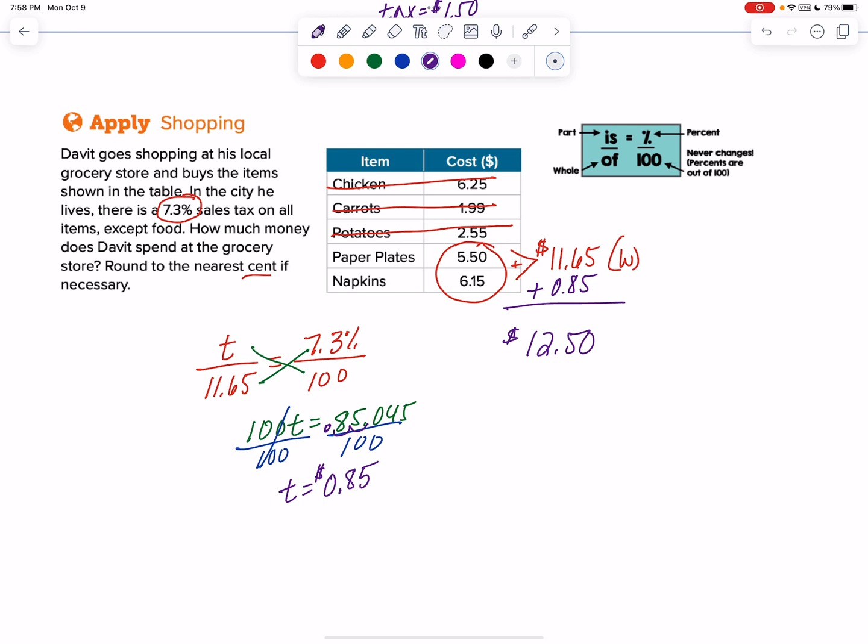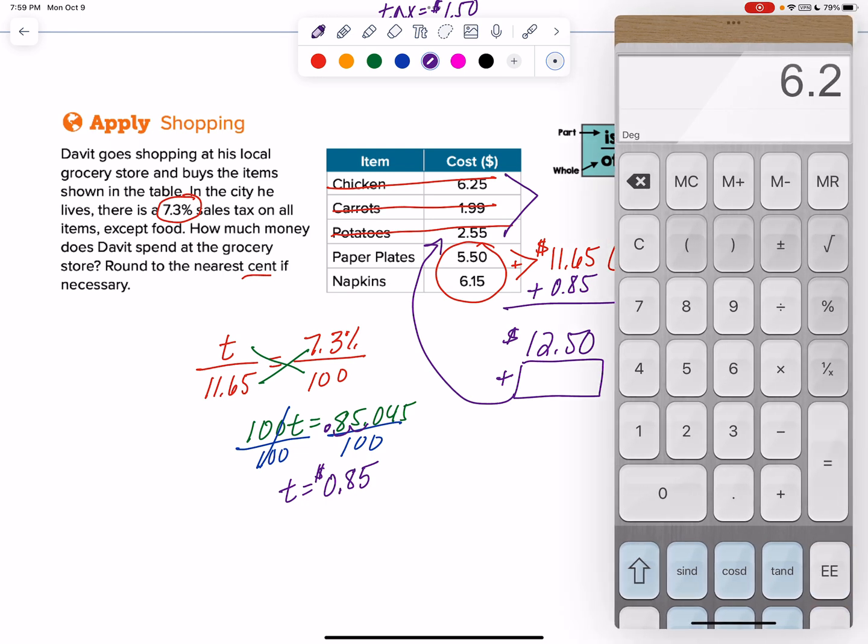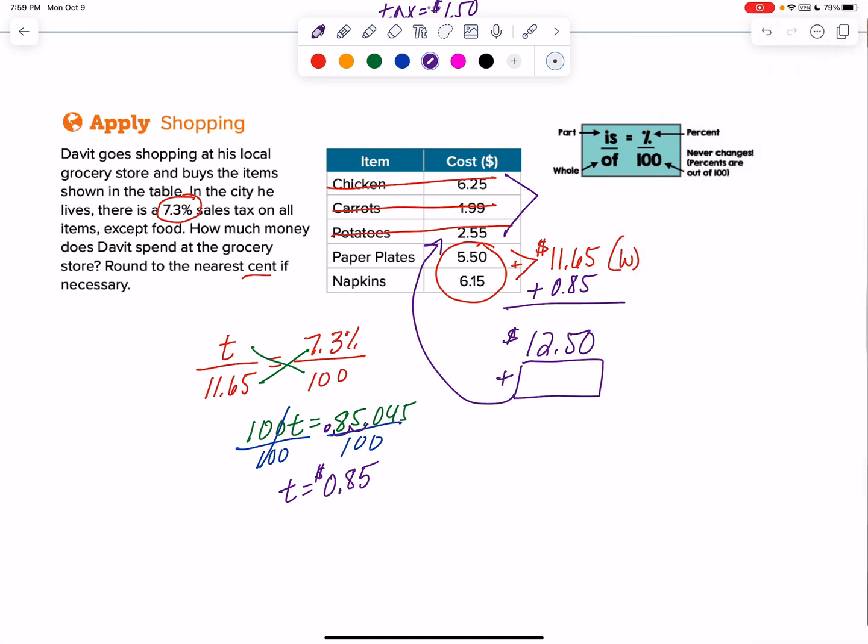So this is how much he spends on the paper plates and napkins with the tax, but we do have to add all those other things here, right? So I guess this is where it gets a little multi-step. So let's go ahead and get all those, because you have to interpret what's going on and what you need to do. Okay, so I have to add up the food, and I get $10.79. But remember, that's not taxed, okay?